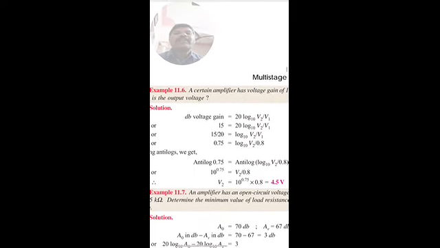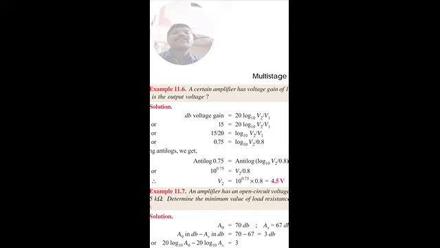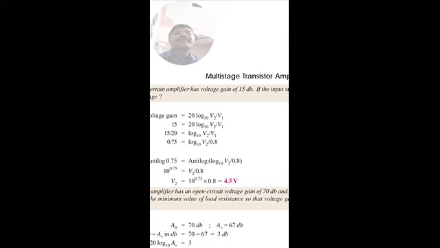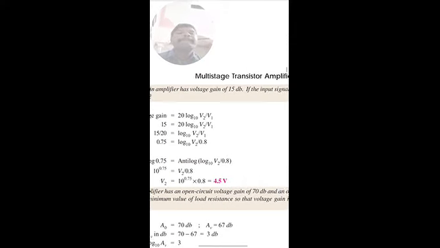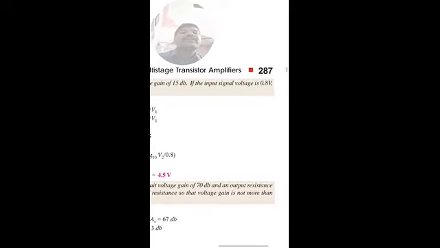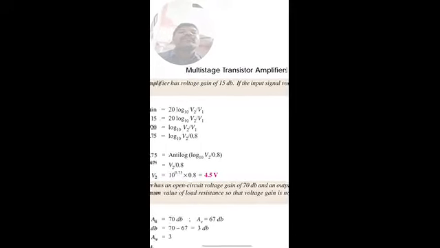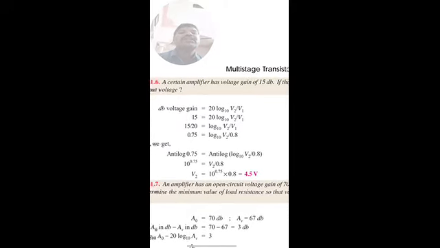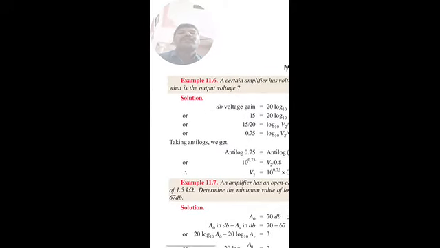Another example, a certain amplifier has a voltage gain of 15 dB. If the input signal voltage is 0.8 volts, what is the output voltage?